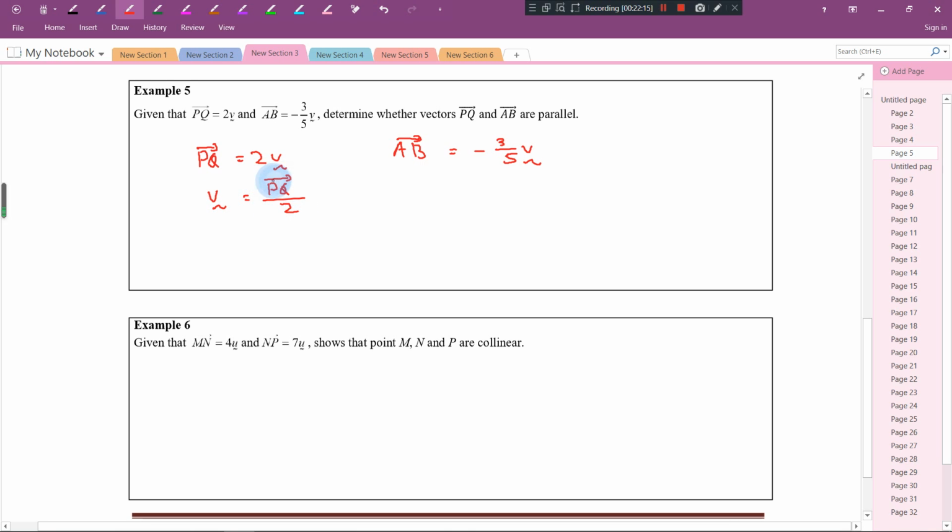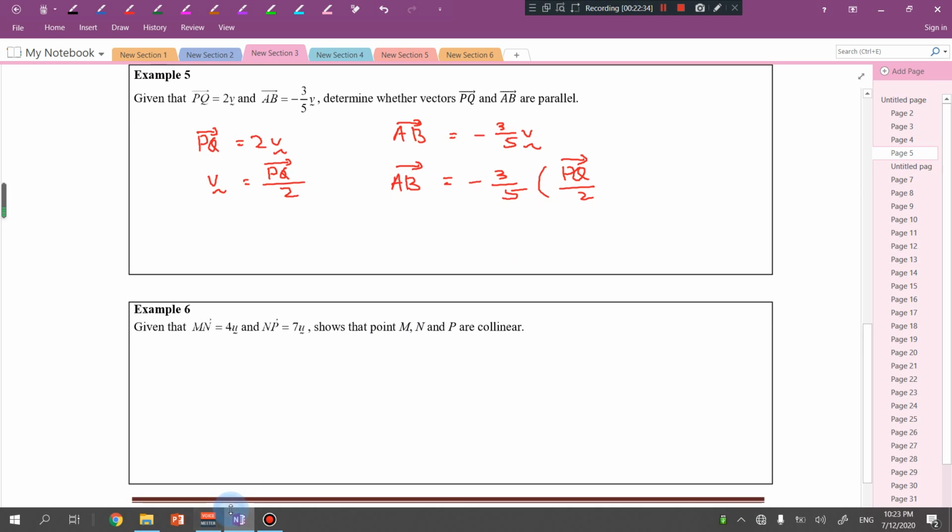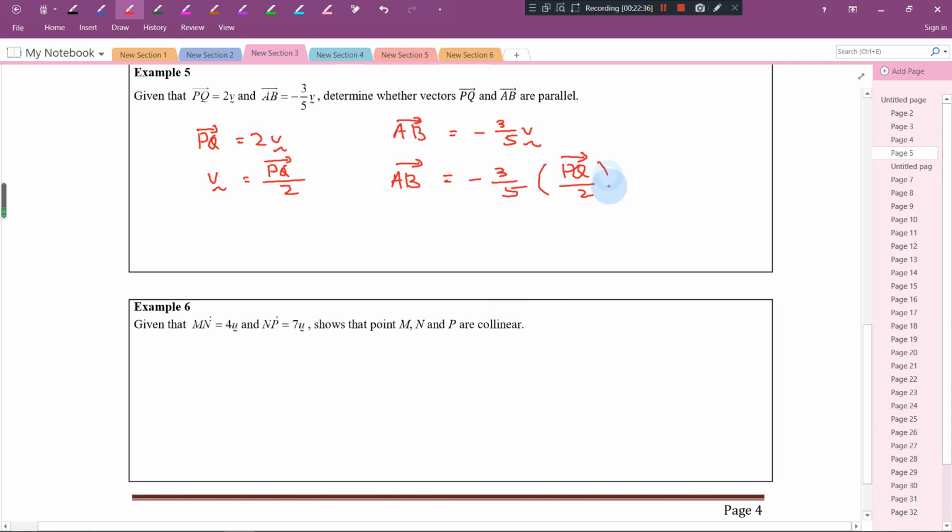I am going to take this one and substitute over here. So AB is equal to negative 3 over 5 times PQ over 2. Oh, sorry, let me move it. Negative 3 over 10 PQ. So this is AB.